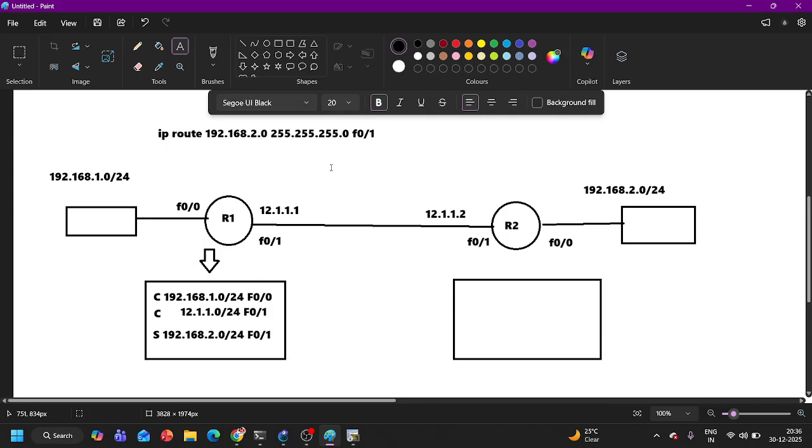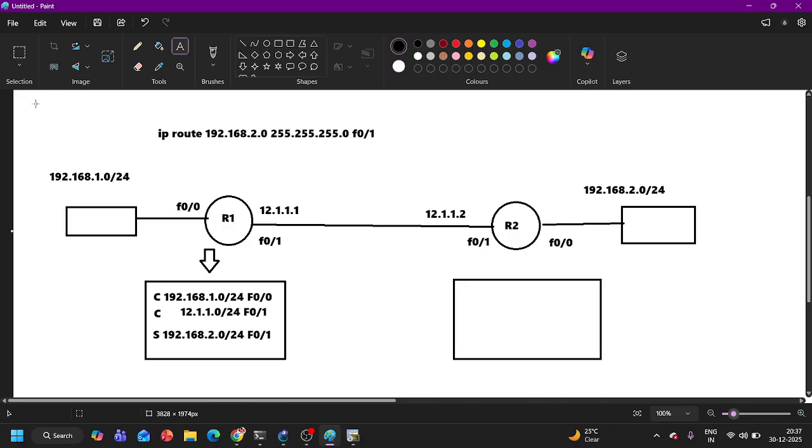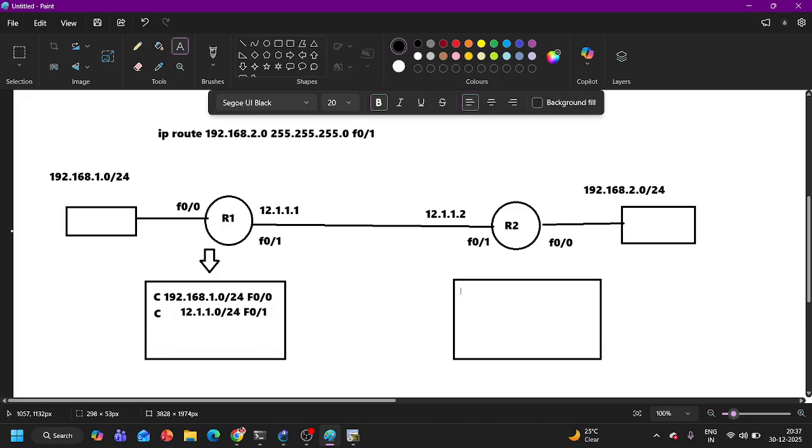In dynamic, you will configure a process on both routers, and based on that process, both routers are going to exchange routing tables. See, this is the default routing table of R1, and what will be the default routing table of R2? 192.168.2.0/24 on F0/0 and one more entry, 12.1.1.0/24 on F0/1.